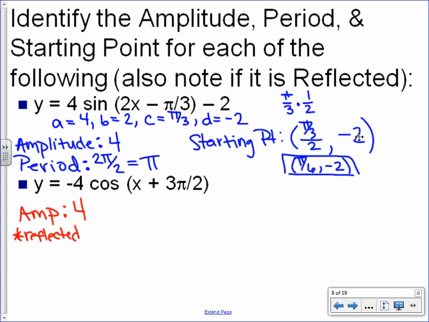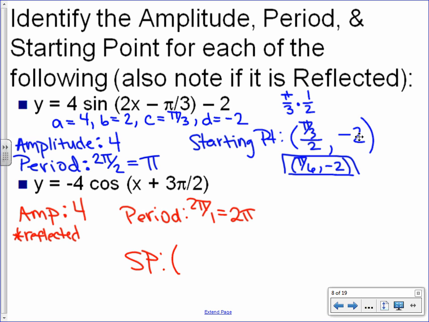Okay? Our period, we find by taking 2 pi divided by b. What's b? Okay, so 2 pi divided by b gives us 2 pi. Our starting point, c over b. What is c?